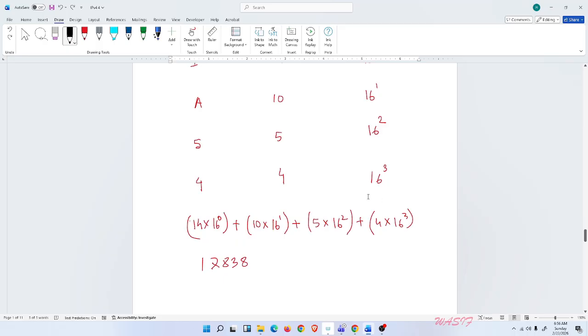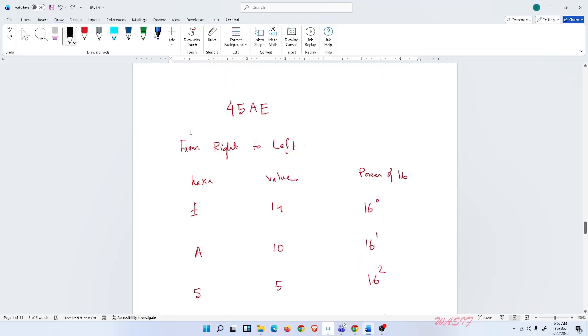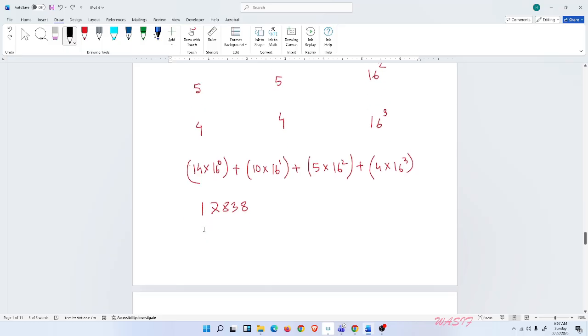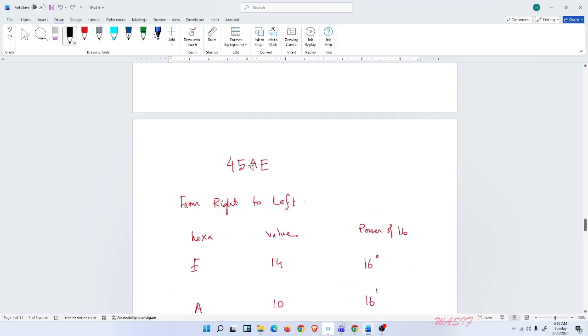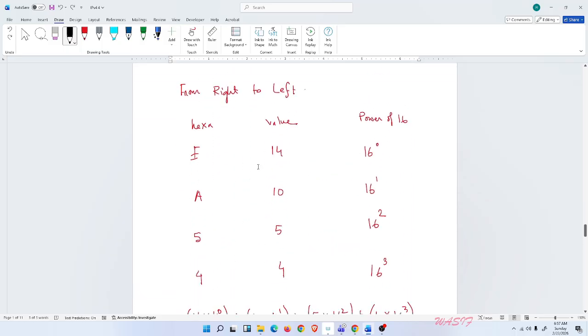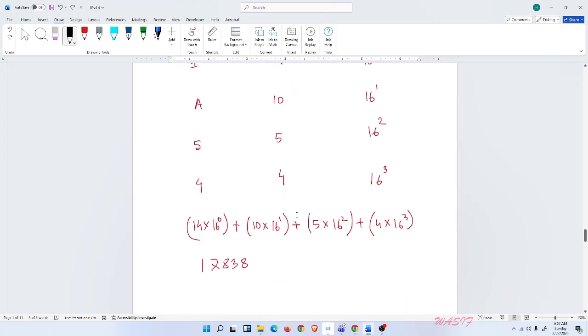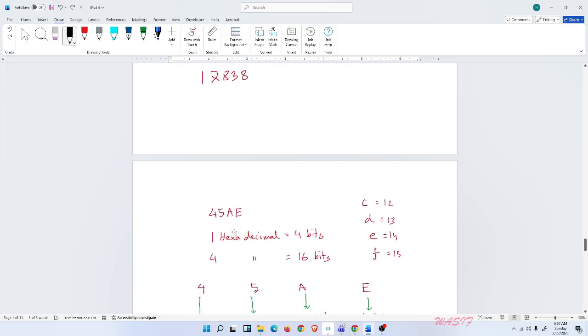Once you have done the multiplication, if you add them, you will get 17838. So this is the hexadecimal value, and this is the decimal value. Start from right to left, write the individual values, and after that multiply each of them with 16 to the power. Add them for the total decimal value.